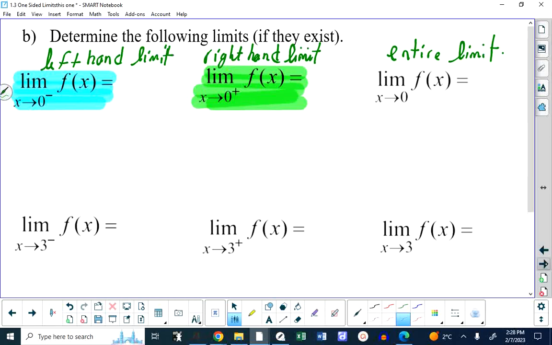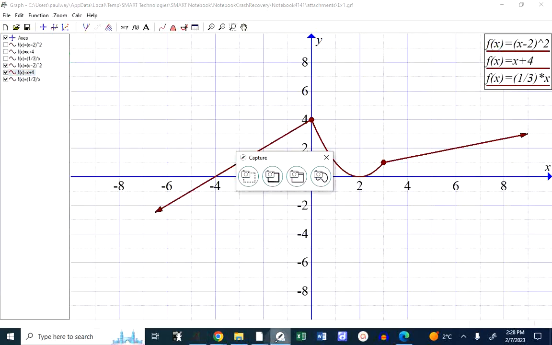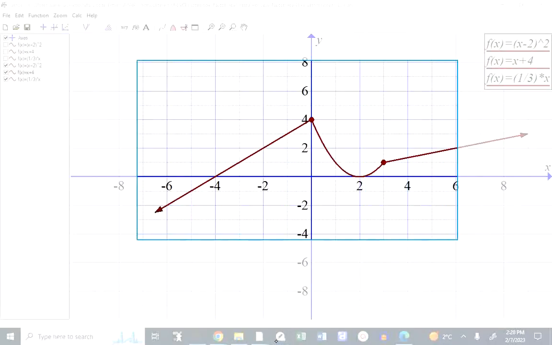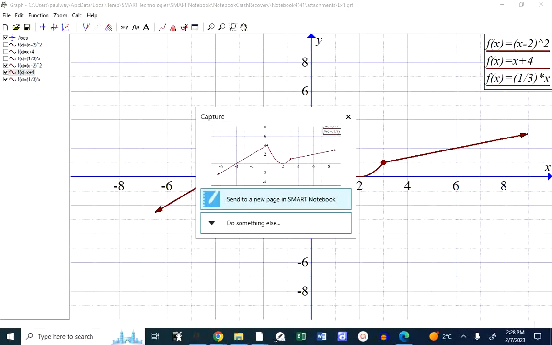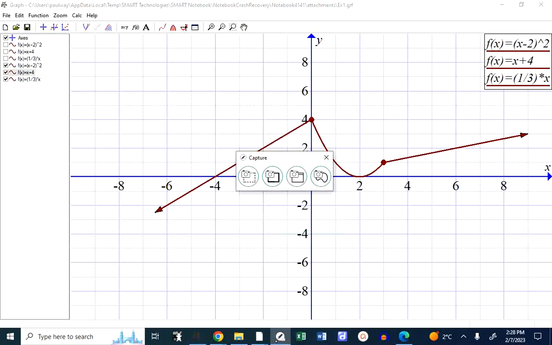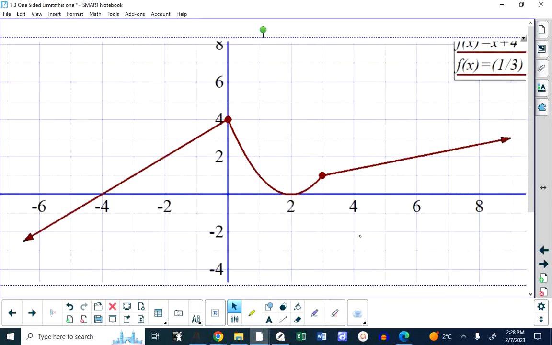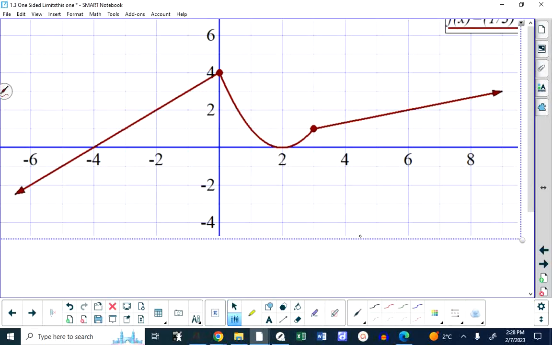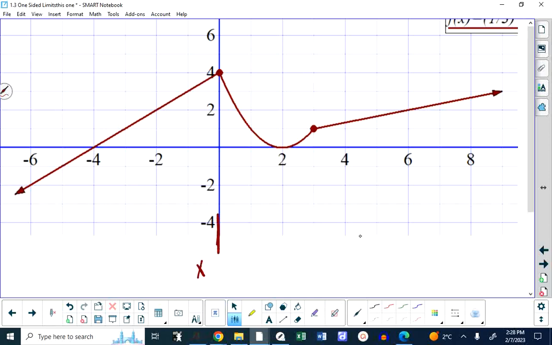What is the limit as x approaches 0 from the left? Well, if I go back to the graph, I'm talking about approaching 0. Here's x equals 0.